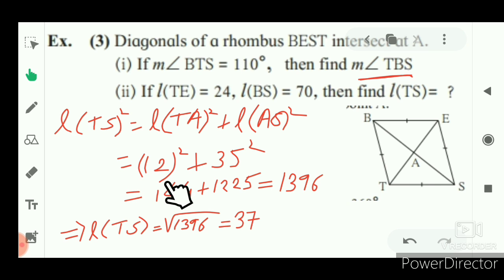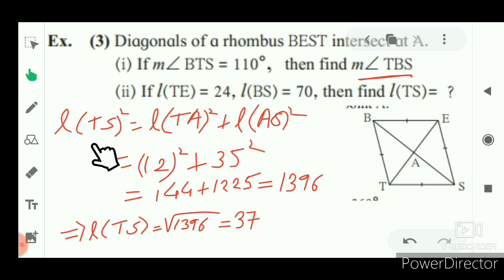TA we have calculated as 12, squared, plus AS we have calculated as 35, squared. That gives 144 plus 1225, which gives 1369. So this is the square of the length TS.